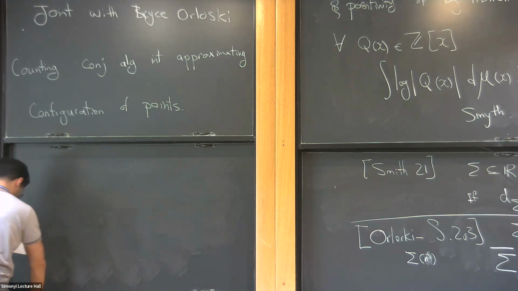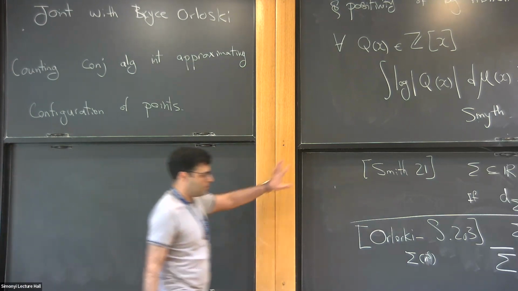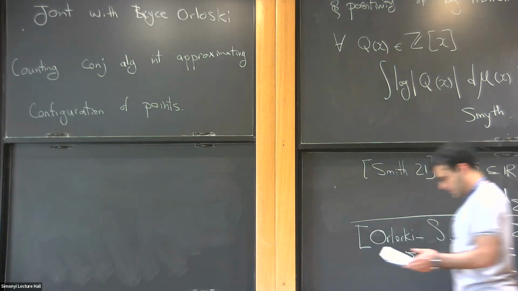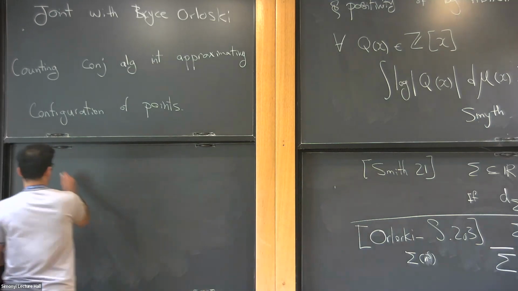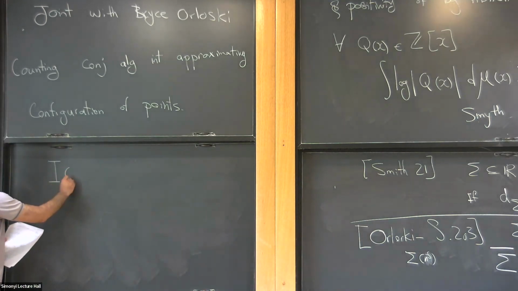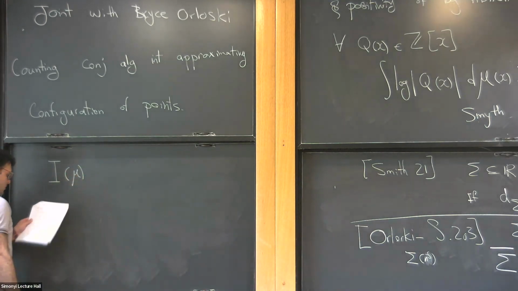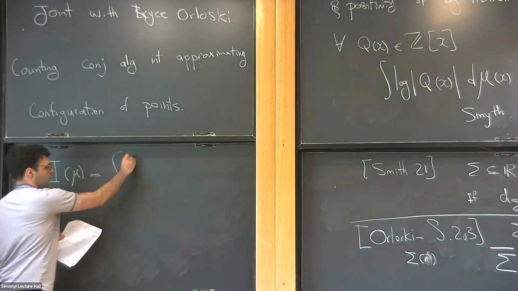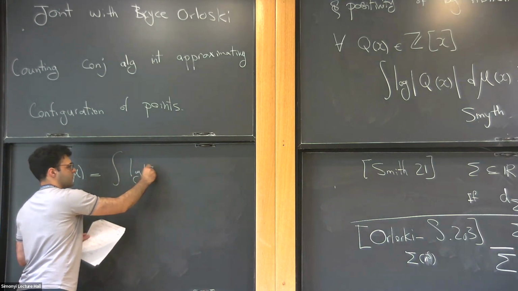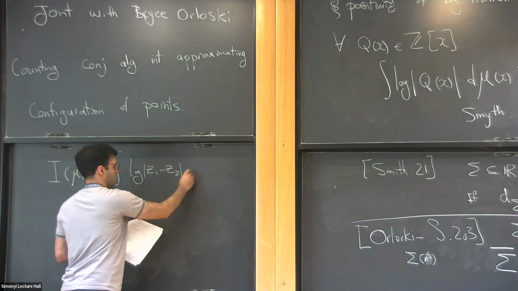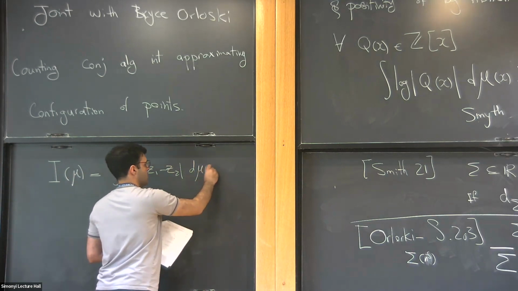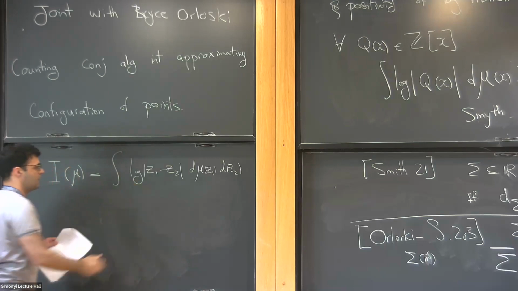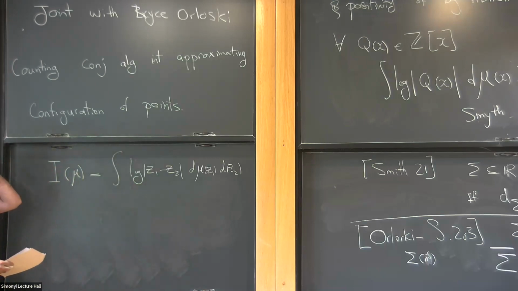Okay, so before that, I want to define two important quantities that show up in our proof, actually in our counting formula. One is called the logarithmic energy. So I of mu is basically the integral of log |z1 minus z2| d mu(z1) d mu(z2). So you pick two random points and take the expected value of the log of the distance.